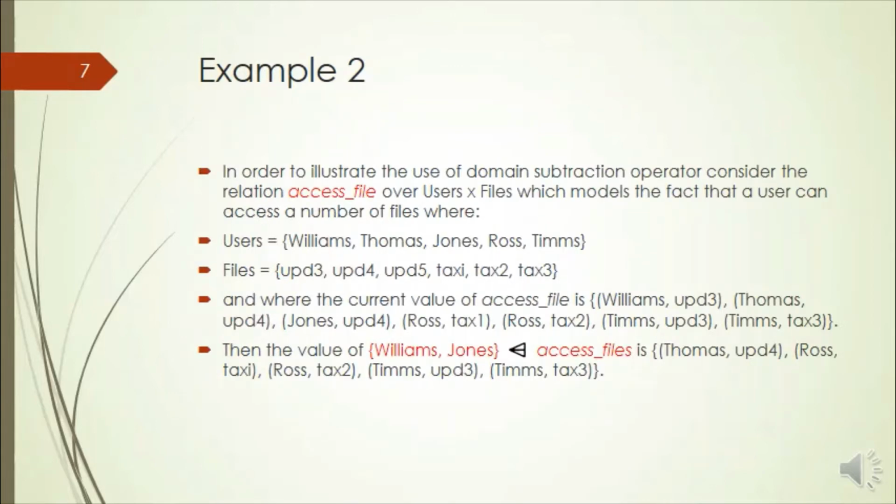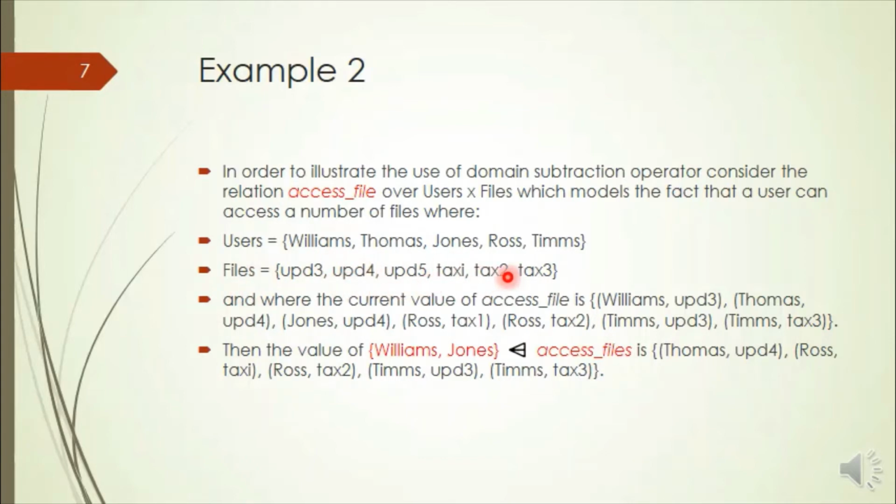In order to elaborate the concept of domain and range subtraction operator, we consider a practical example. Let's consider a relation variable access file which is declared on relation data type users double arrow files, where users contain 5 elements and files also contain 5 elements, 5 files.